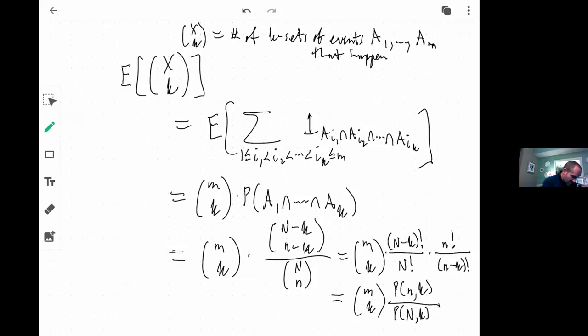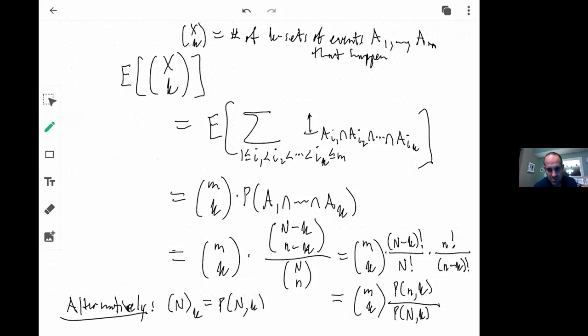Alternatively, remember the Pochhammer symbol? n with a k in parentheses like this is just equal to P(n, k), that's just n times n minus 1 all the way down to n minus k plus 1, whether n is capital or small.